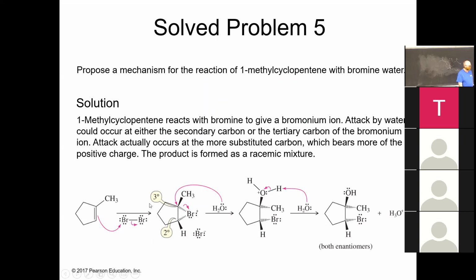We go through the bromonium ion, the 3-membered ring. Water attacks the more substituted side. That opens up this ring. And since water has to attack from the back, the alcohol and the bromine will be trans to each other. And then we'll have the two enantiomers.